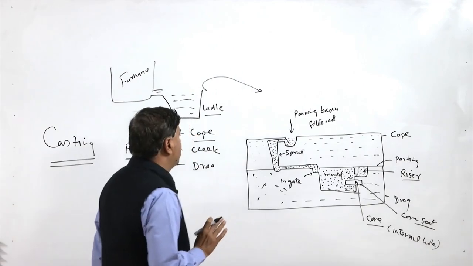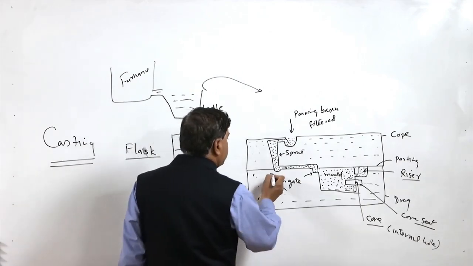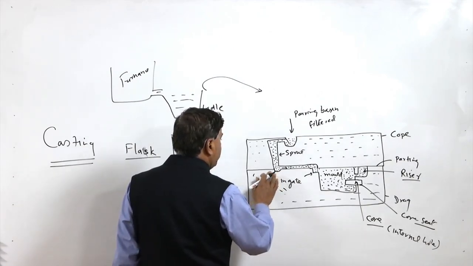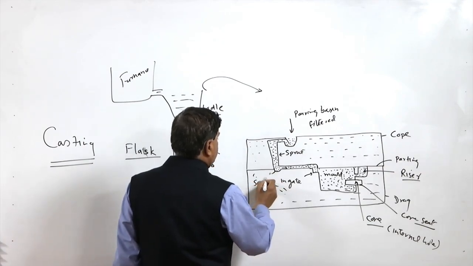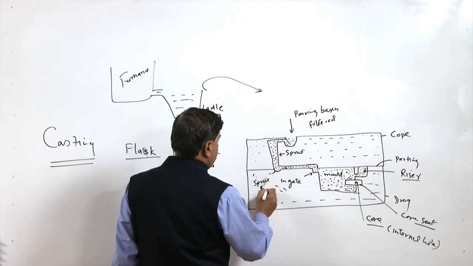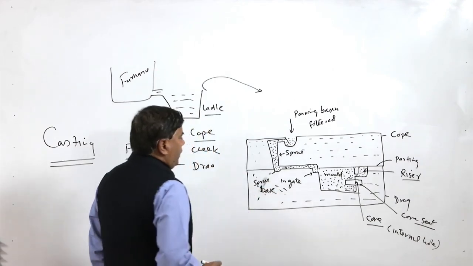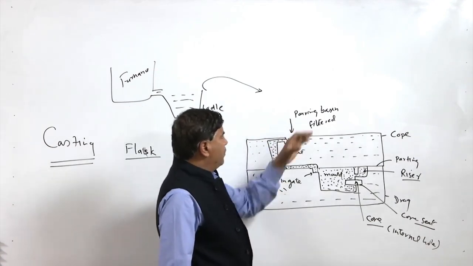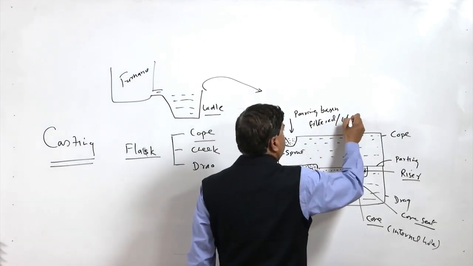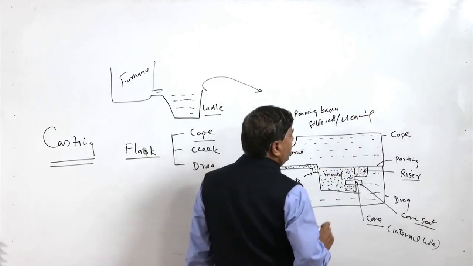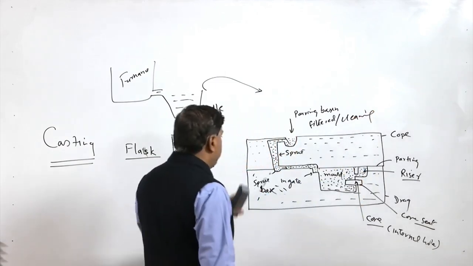So, these are the various terms. This is the sprue base, ingate, pouring basin. The pouring basin will be doing filtration or cleaning of the liquid metal, cup, drag, parting line.